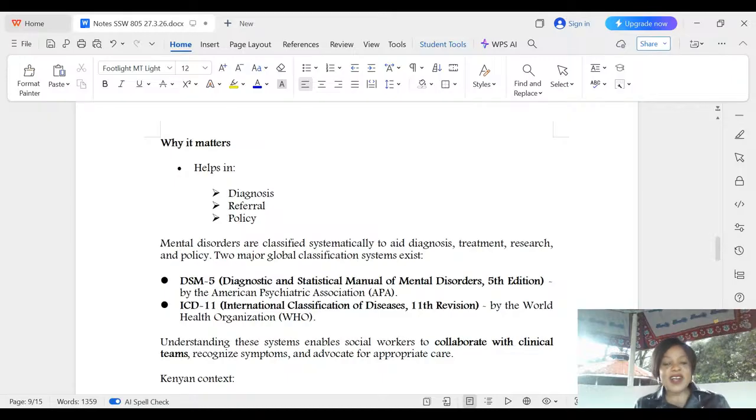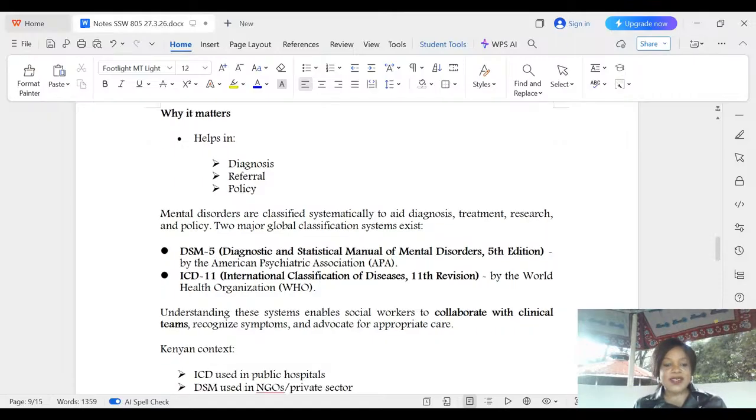So it's important for us to understand these classification systems so that we can easily work with other professionals in the discipline, okay? So that when we diagnose, we understand each other, or when they diagnose, then we understand them, right?